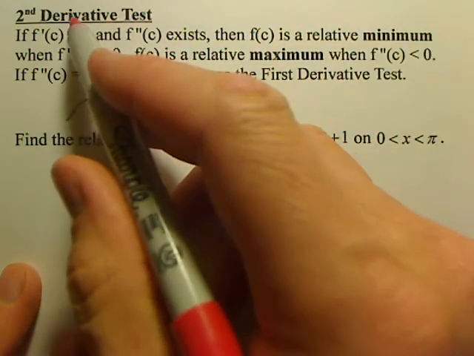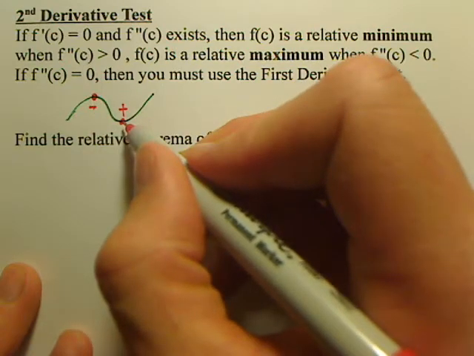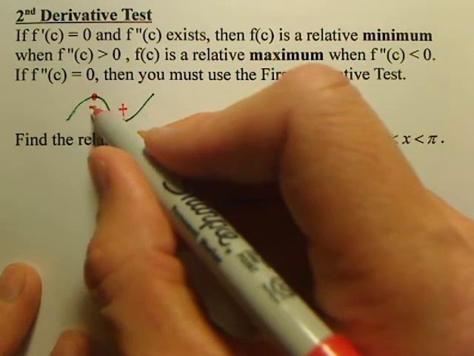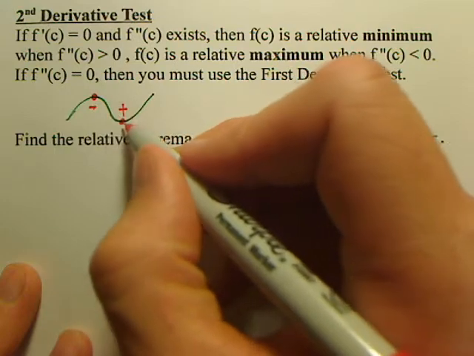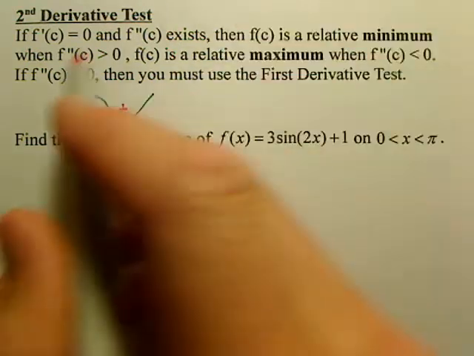Yes. The second derivative test basically says at your critical numbers, if your concavity is down, it's a relative max. If your concavity is up, it's a relative min. Here's what it's saying.